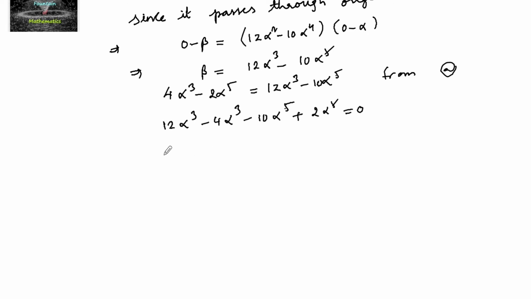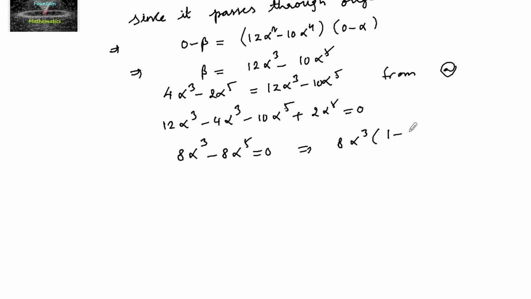Let's simplify first: 12 minus 4 is 8, so 8 alpha^3, and minus 10 plus 2 is minus 8, so minus 8 alpha^5 equals 0. We can take out 8 alpha^3 common.